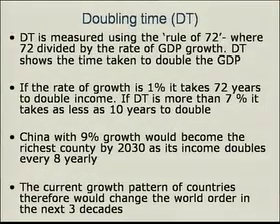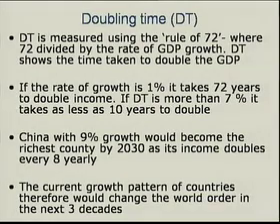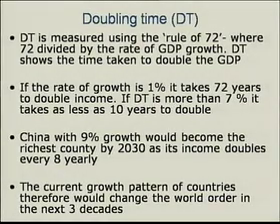Arithmetically or mathematically, the doubling is a ratio which is known as the rule of 72, which means a country growing at 1% requires 72 years to complete the doubling. If you extend the argument, a country that has a growth rate of 2% will take 36 years.